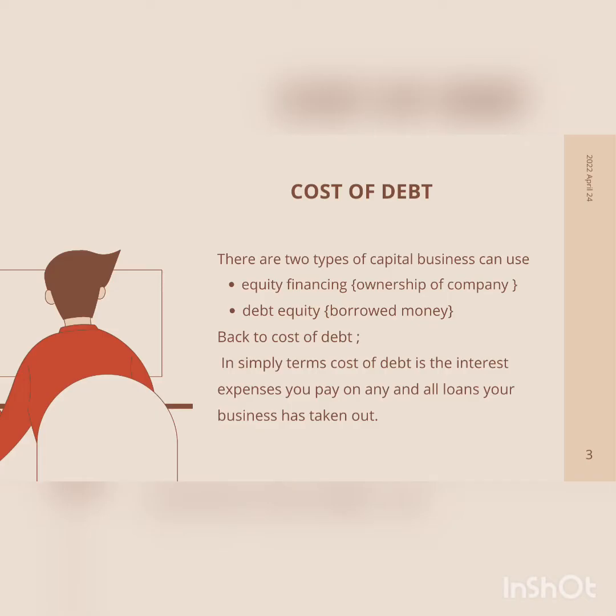The cost of debt. There are two types of capital a business can use, that is equity financing and debt financing. Let's see what equity financing is. Equity financing is usually a venture capitalist or an angel investor providing working capital in exchange for a percentage of equity or ownership in a company.